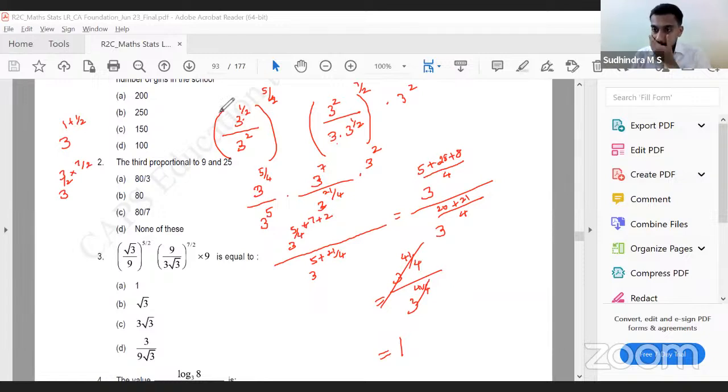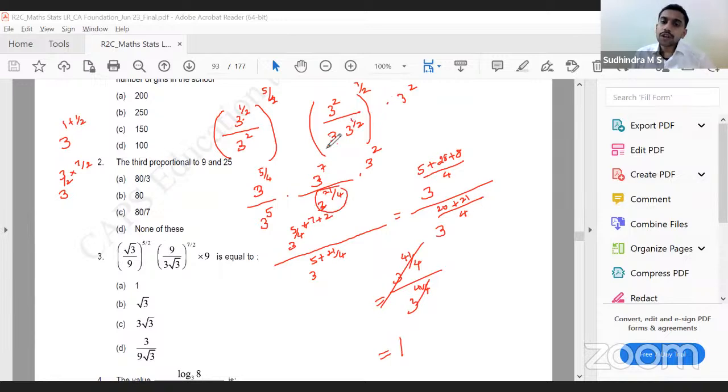Are we still writing? Okay, complete. It's not 3 power 21, it's 3 power 21 by 4. How did we get 3 power 21 by 4?